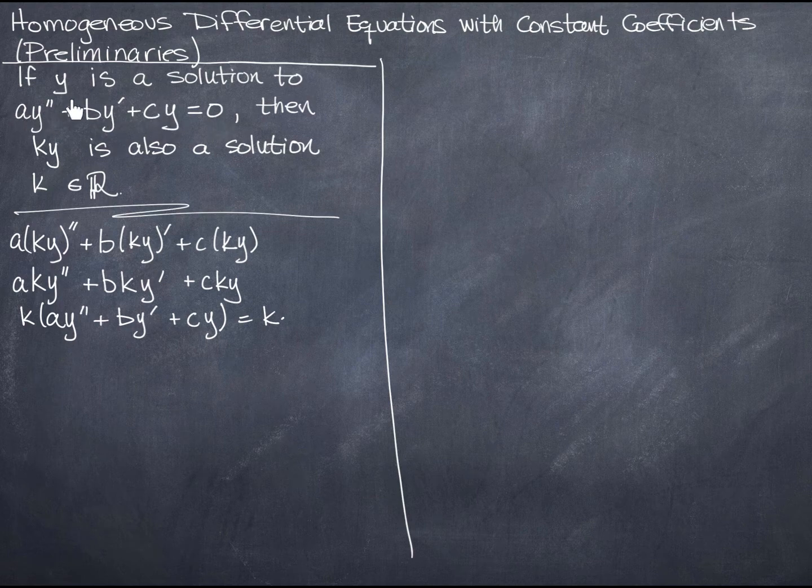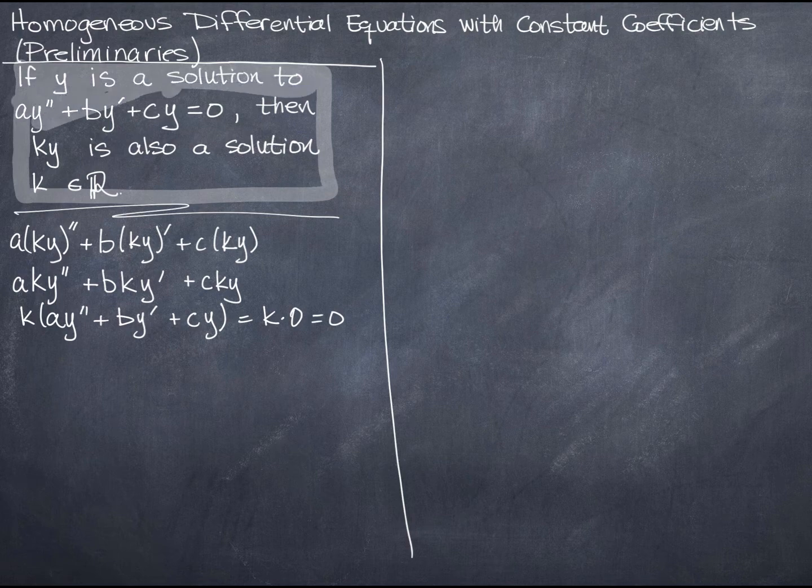So I already know the value of this, and I can say that that's k times 0, which is 0. And that lets me say that if y is a solution to a differential equation of that form, then ky is also a solution. Now that's going to come in handy in a little while, and when it comes up, I want to be able to state that outright, just to assume it.